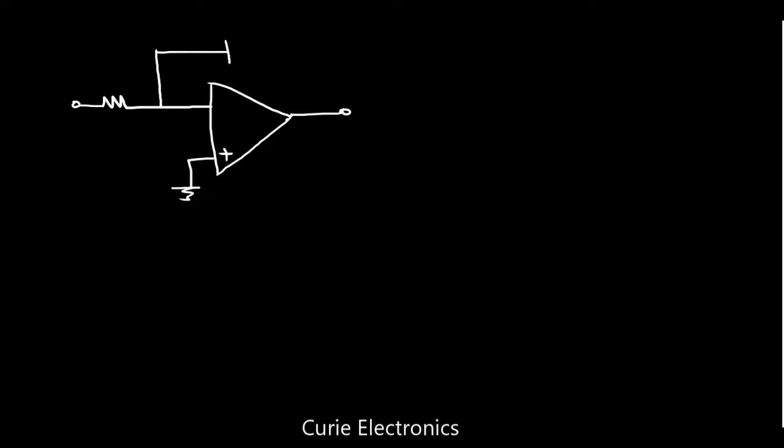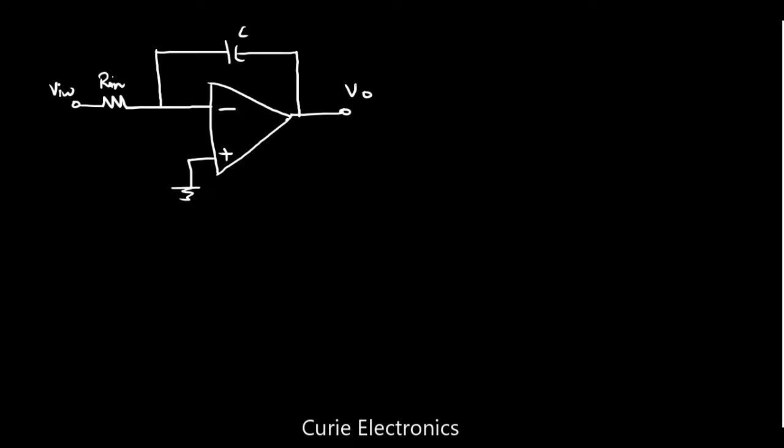In place of a feedback resistor, we will replace it with a capacitor C, R in, V in. This is the inverting terminal. Then what is there? V out. Equation for V out we have to find. So already we know the equation. Let us try to derive it.